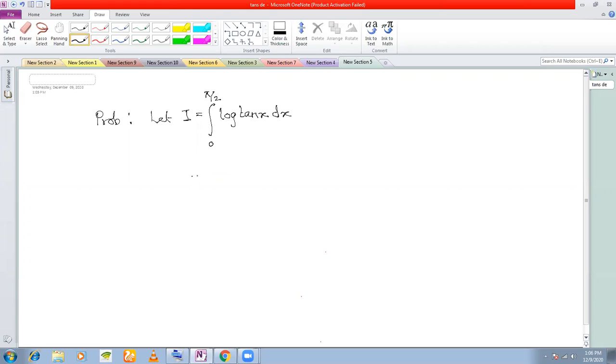How? This integral can be written as the integral from 0 to pi by 2 of log tan (pi by 2 minus x). Can I write this or not? Why?